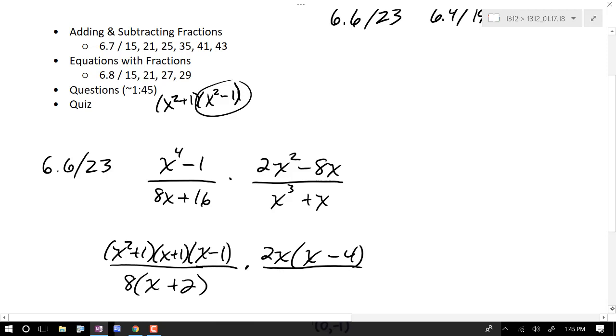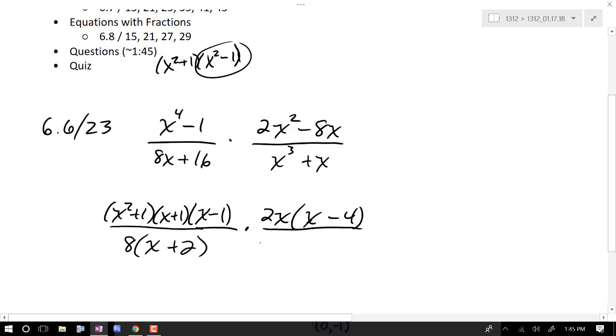And on the bottom? Like x squared plus 1 times... just times x, I think. Yeah, so we just take out the x. There's the greatest common factor.